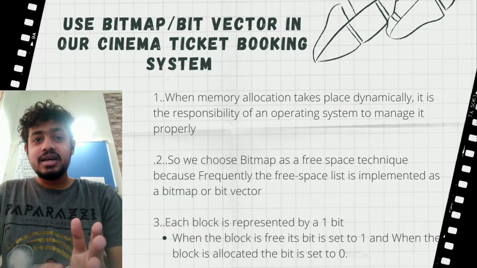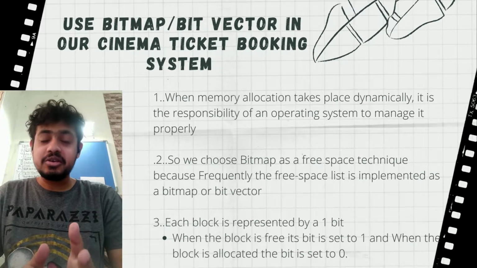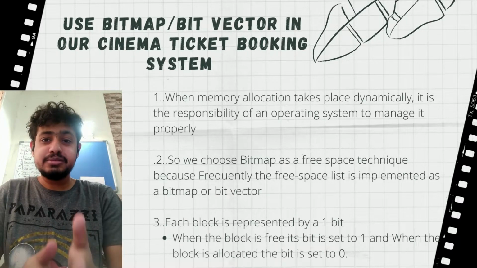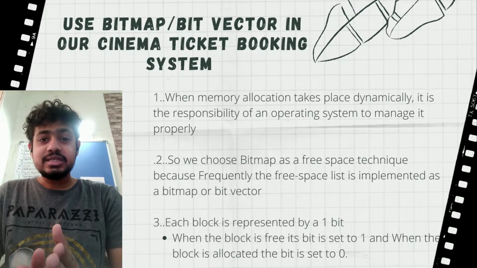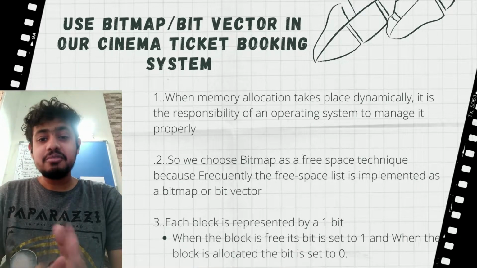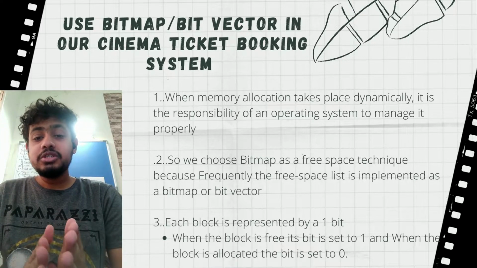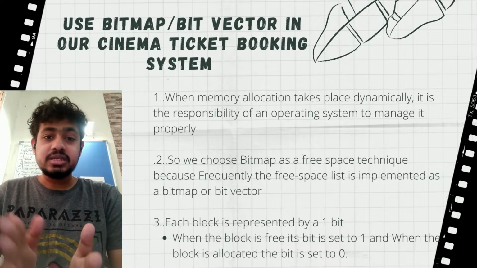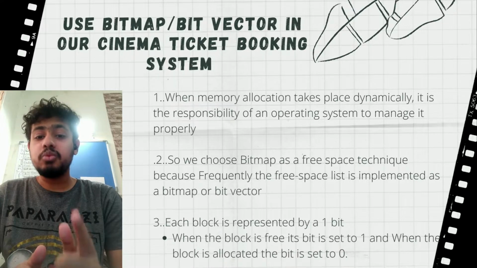When memory allocation takes place dynamically, it is the responsibility of an operating system to manage it properly. We chose bitmap as a free space management technique because frequently the free space list is implemented as a bitmap or bitvector, so it's very easy to implement. We decided to make our system like this: each block or each seat is represented by 1 bit.